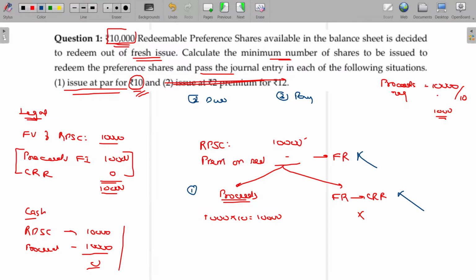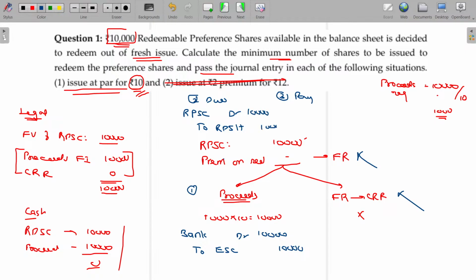First entry being, come on, tell me. The journal entry for issuing: bank account debit to equity share capital account, the value being 10,000. Second one being the due entry: redeemable preference share capital account debit. We don't have the premium, so to redeemable preference shareholders account, the due entry being 10,000.